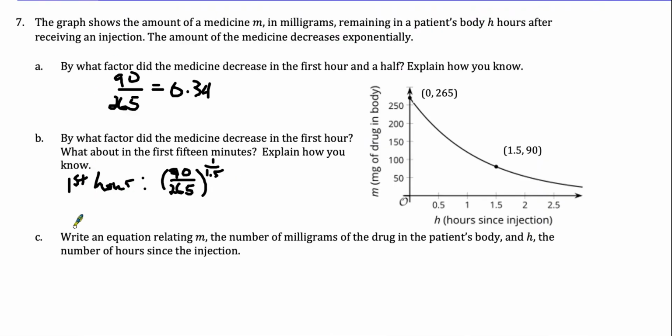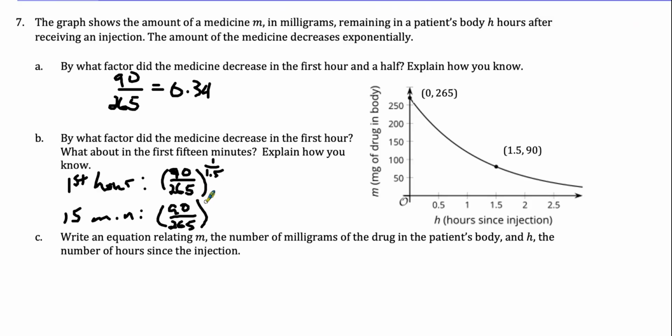Now, if I wanted the first 15 minutes, there's a couple of ways that we could think about this. I could say my 1.5 hour time period, in terms of minutes, is 90 minutes.